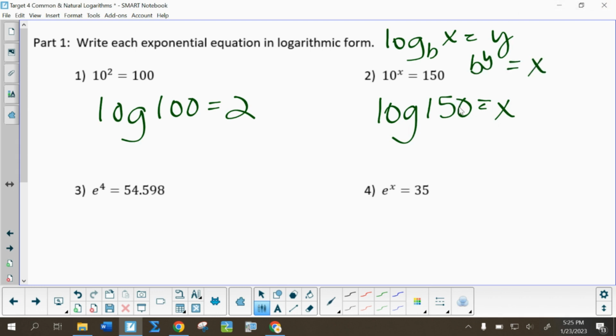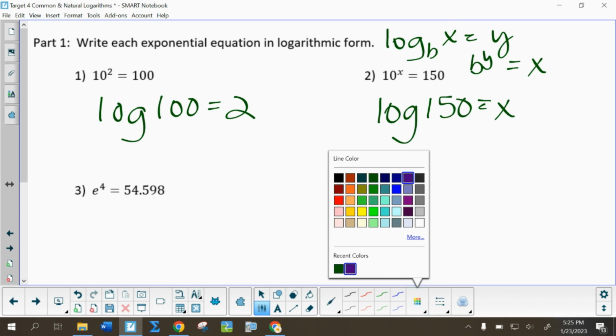So for this problem right here, the base is 10, we just write it with nothing here. The power is the answer. So here the power is y, the answer is y. So this power is x, it's the answer. And then the number on this side, in this case x, becomes what's called the argument of the log. Just as a reminder, that's how that works.